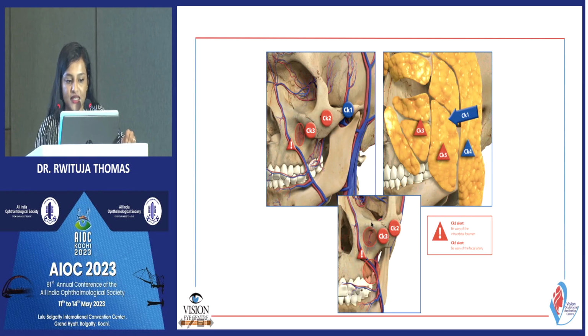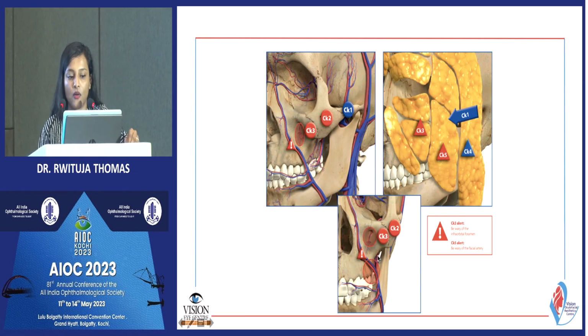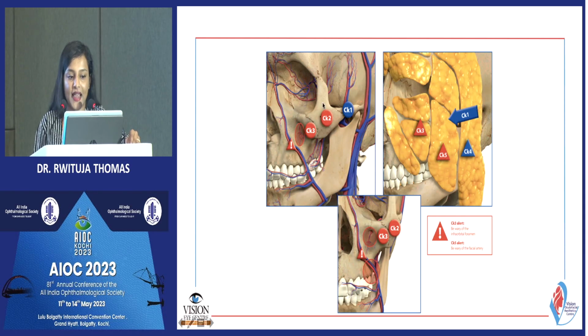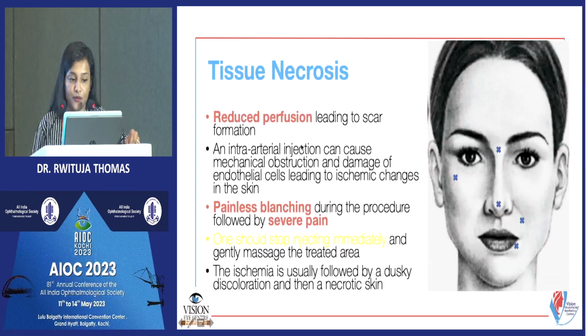So as you can see here, right next to the infraorbital foramen, this is one of the main danger zones when you're doing the cheek area. So for example, CK denotes the cheek, but CK1 is the zygomatic arch, that is here. CK2 is the zygomatic eminence, that is the cheekbone, and so on and so forth.